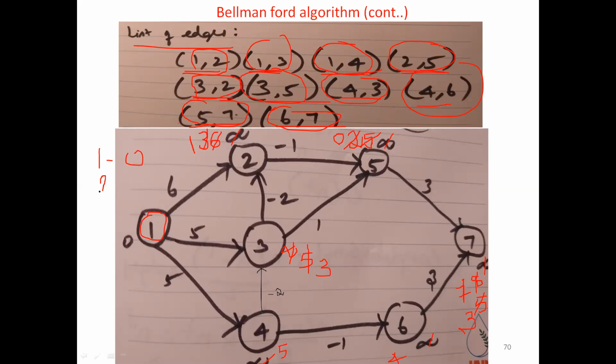For the vertex 2, the distance is 1. For the vertex 3, the distance is 3. For the vertex 4, the distance is 5. For the vertex 5, the distance is 0.